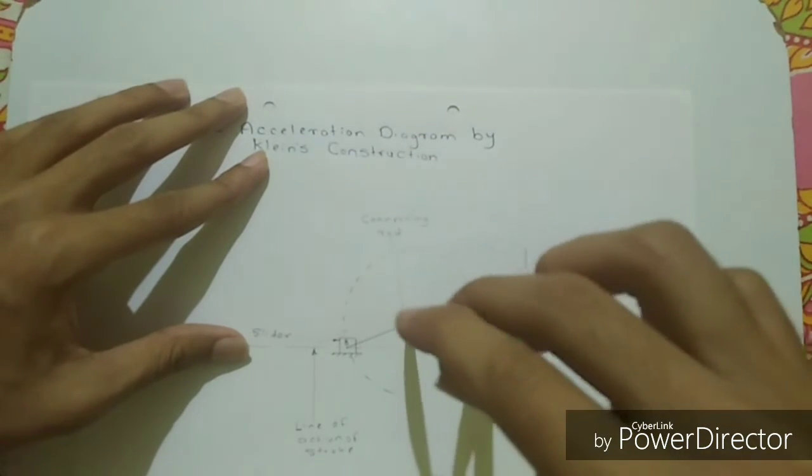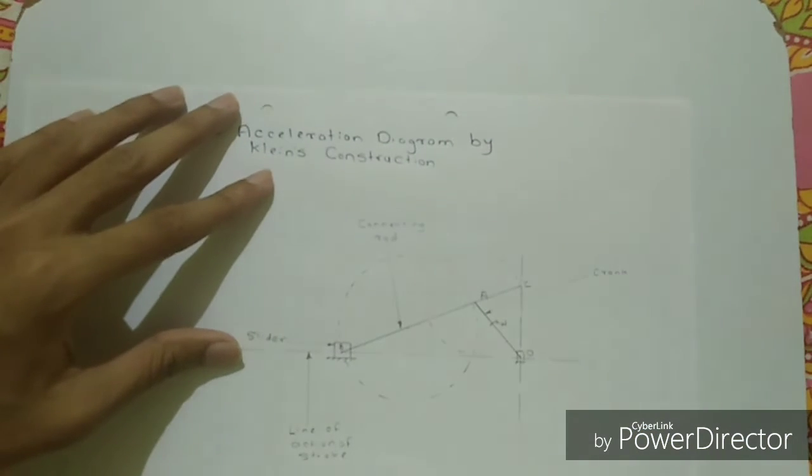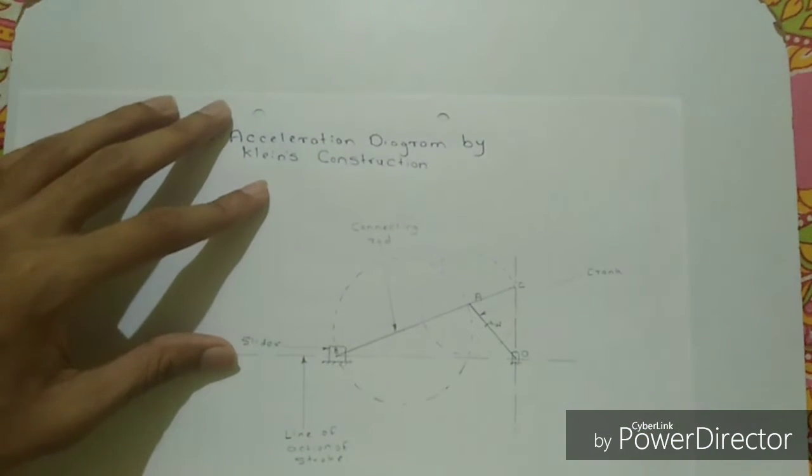After that, draw another circle with the midpoint of AB, point D, as the center.